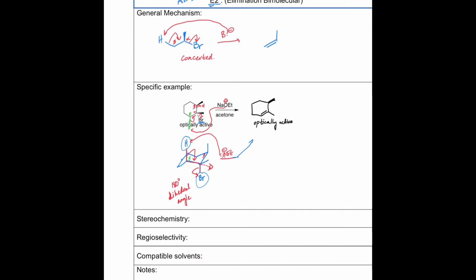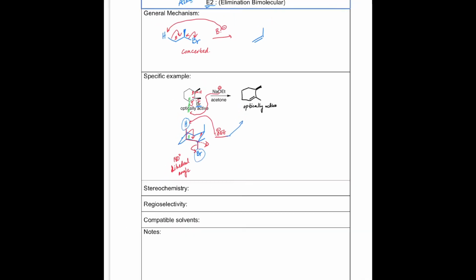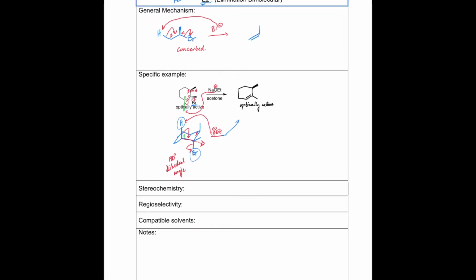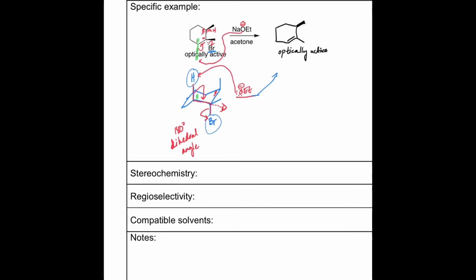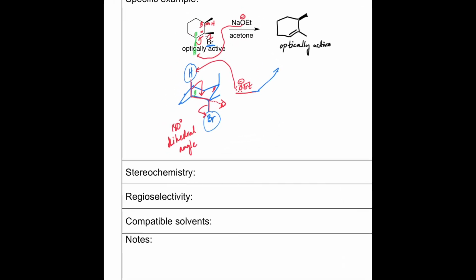Now, when we get into the notes for the E2 reaction, you're going to find that you might need different notes than I'm writing here. So I'm just going to give you some things you can think about. For the stereochemistry, we're really looking at if an E or a Z or a cis or trans is favored. And remember that E2 reactions happen all at once.